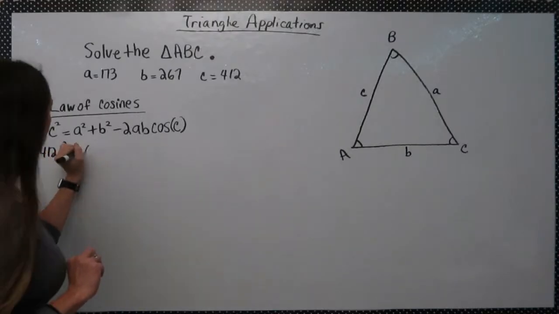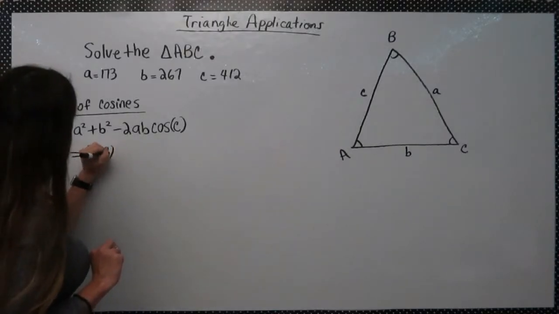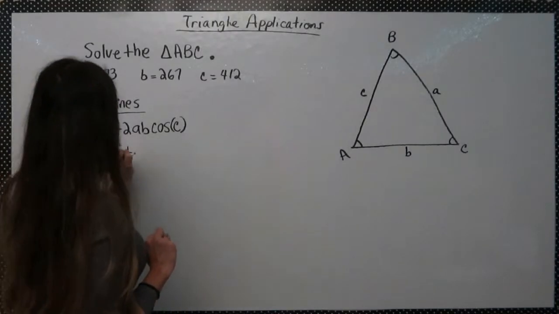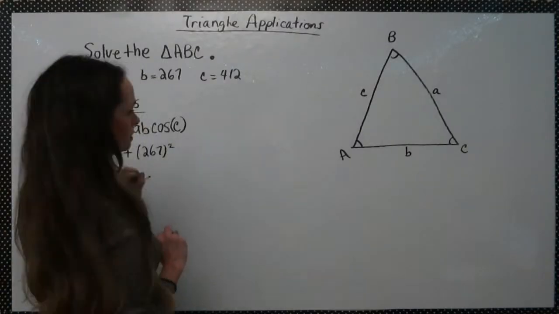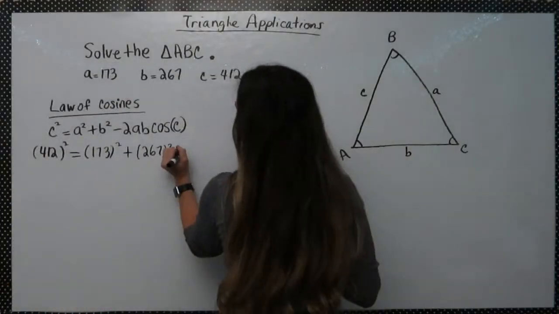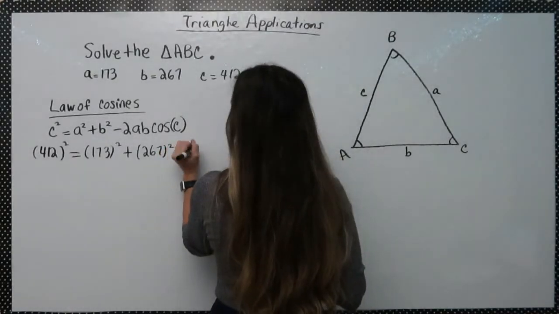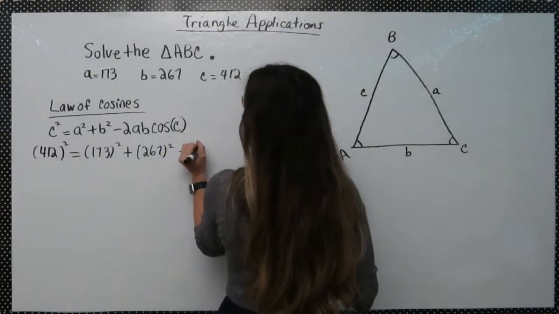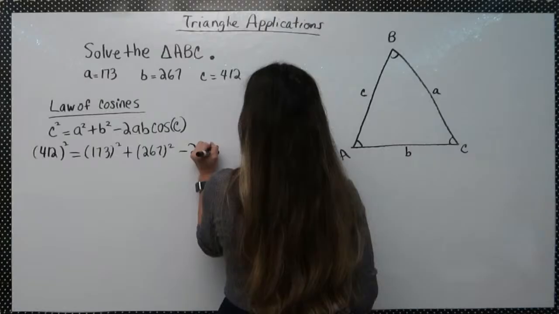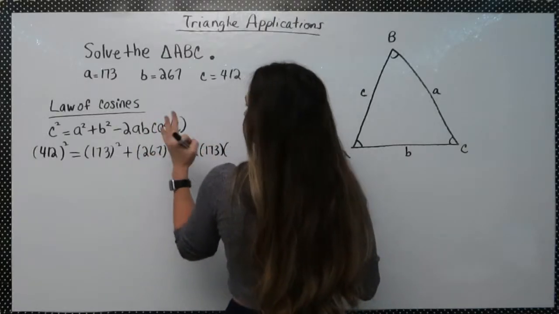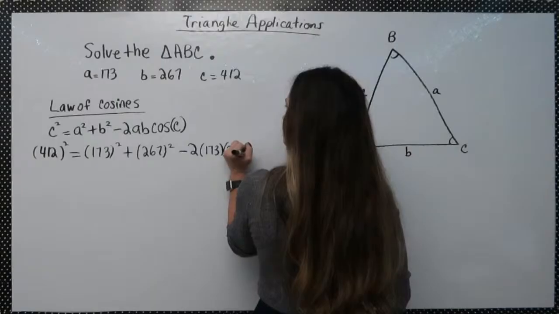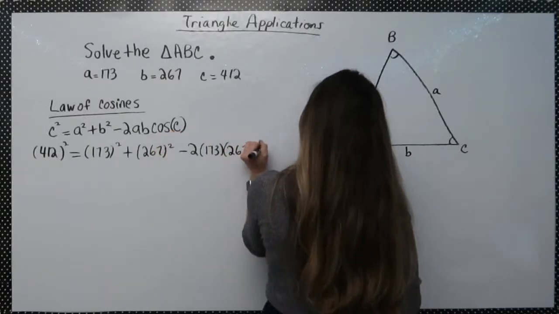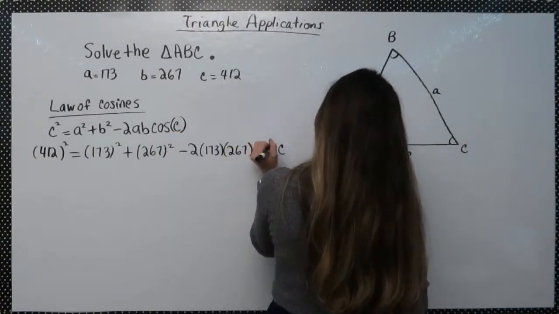And then you have 173 squared plus 267 squared. I've got to remember not to be in the way of the camera. Minus 2 times A, which is 173, times B, which is 267, and that's all times the cosine of C.